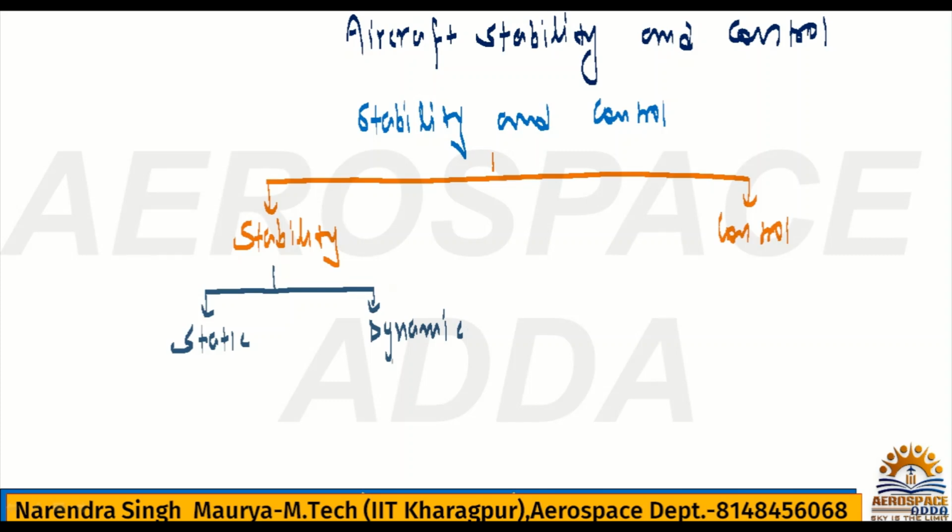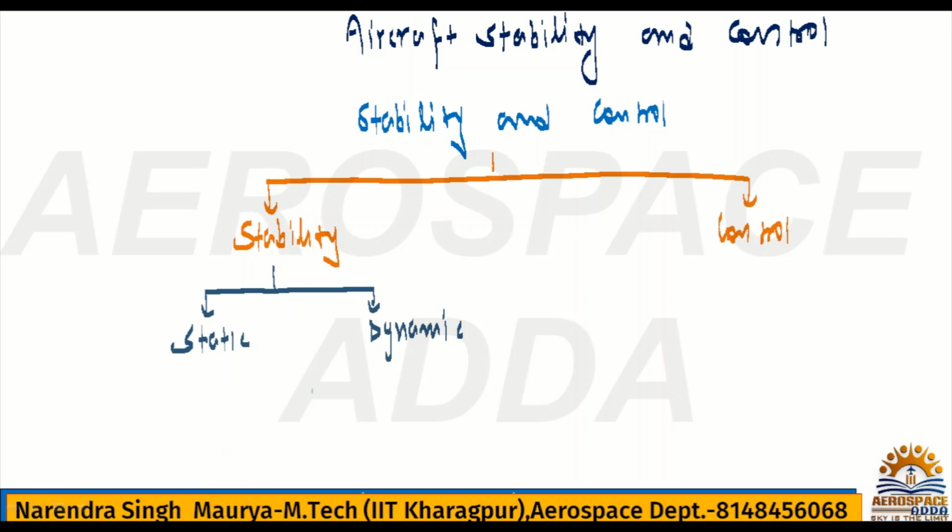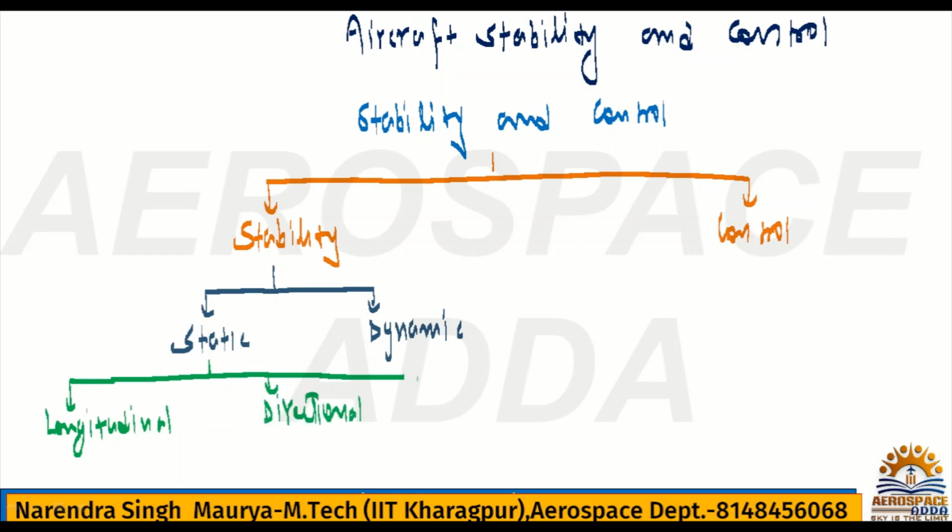Then again, this static is divided in three parts, called longitudinal, directional, and lateral.